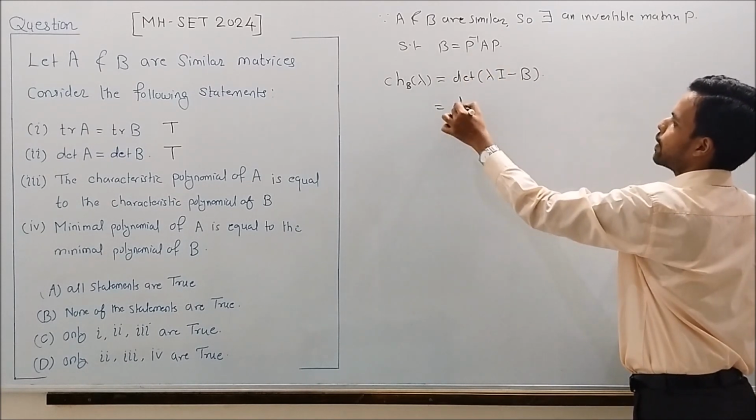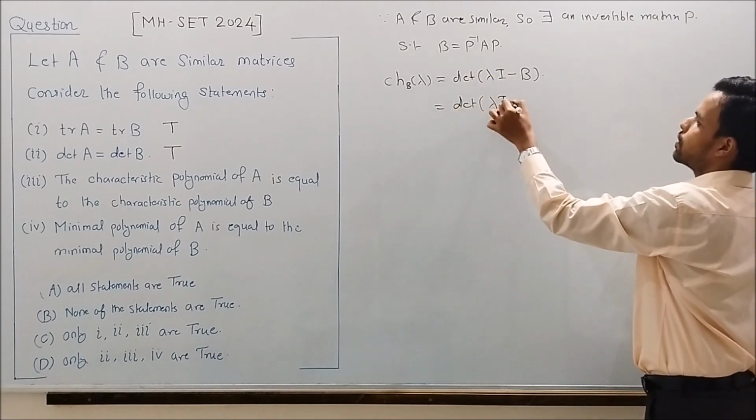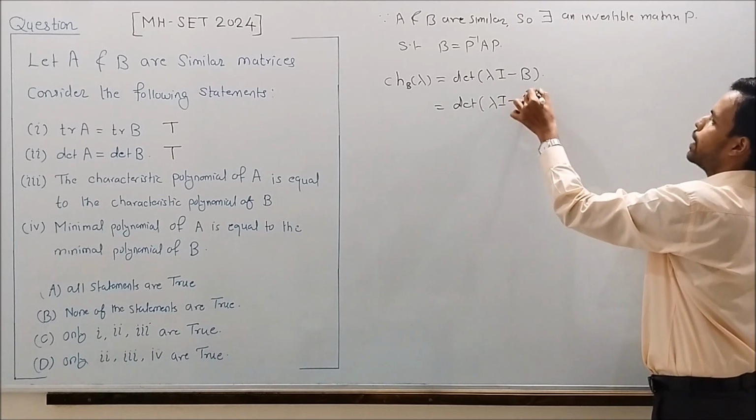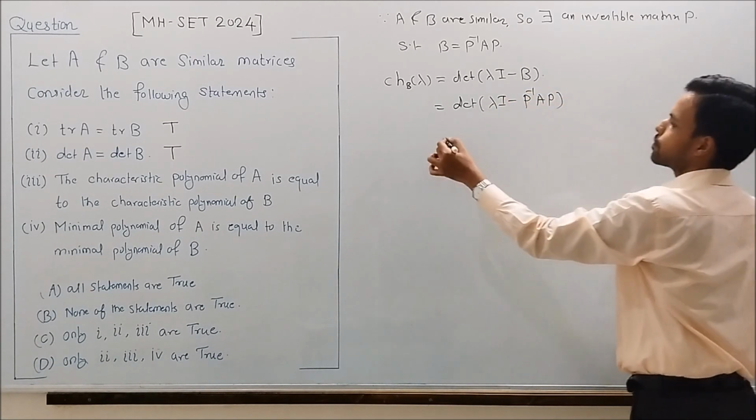B is equal to P inverse AP. So this is equal to the determinant of lambda I minus P inverse AP.